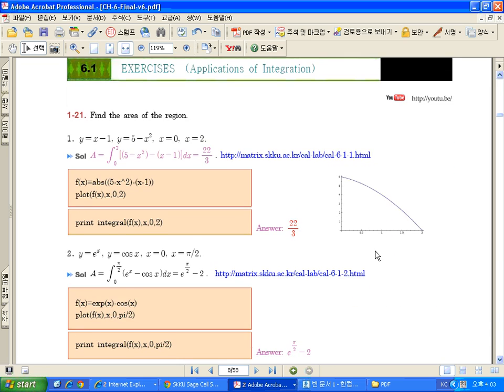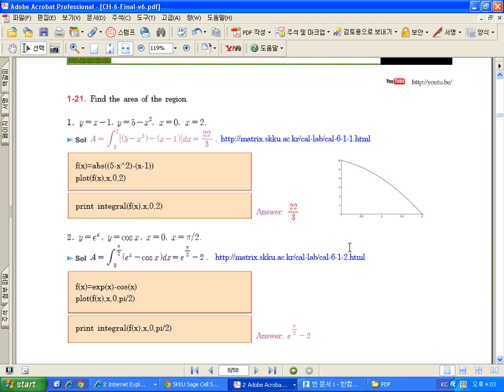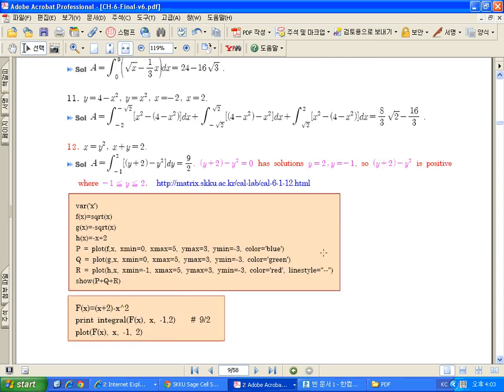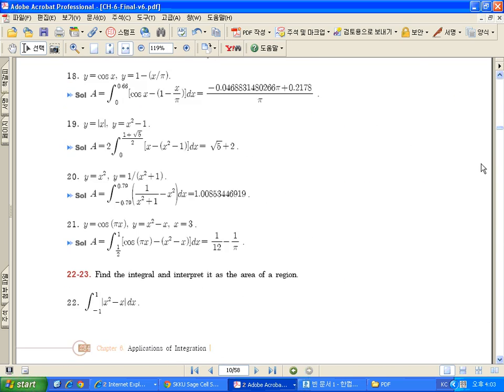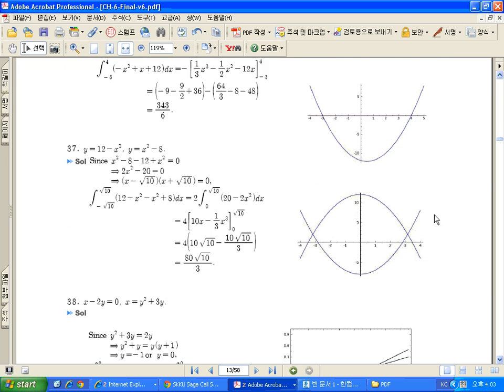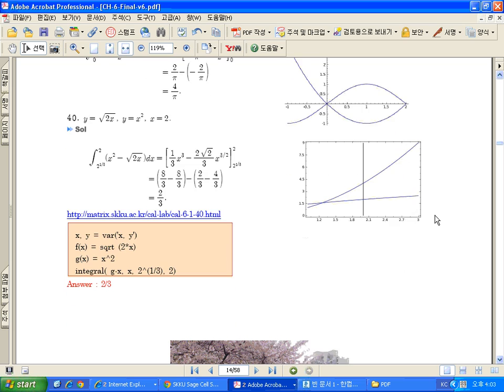That's what you're supposed to do. There are many problems that you have already done, and just do some practice on those. And I will give you the chance to go through it. Okay? On section 6.1, I think that will do it.